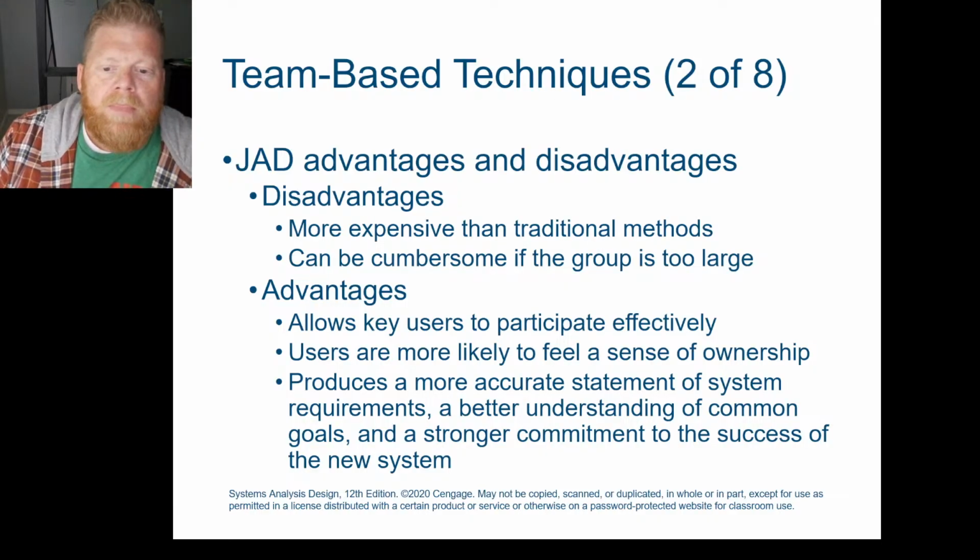You're going to see that ownership pay dividends. You're going to produce a very accurate system with good deliverables and milestones, and you're going to meet them very quickly. The disadvantage: it's expensive, and it's traditional in its methodology.